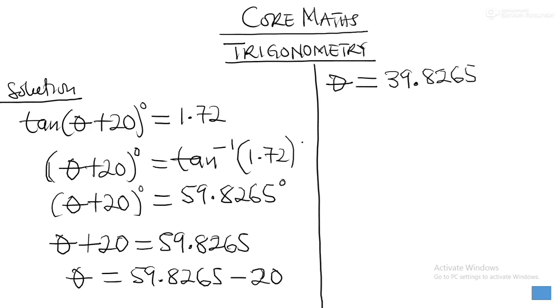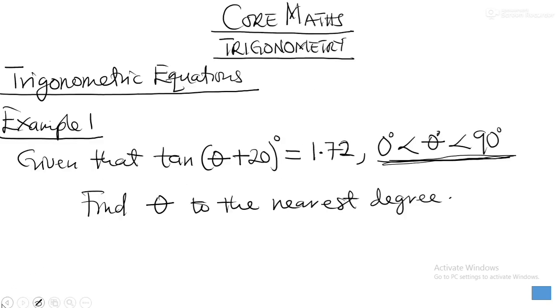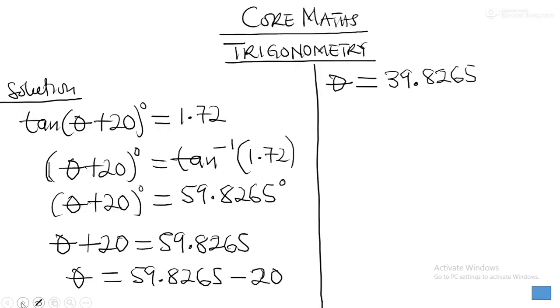Good. Now bear in mind that we were told to find theta to the nearest degree. So 39.8265 to the nearest degree will be 40 degrees, because it is closer to 40 than to any other value.